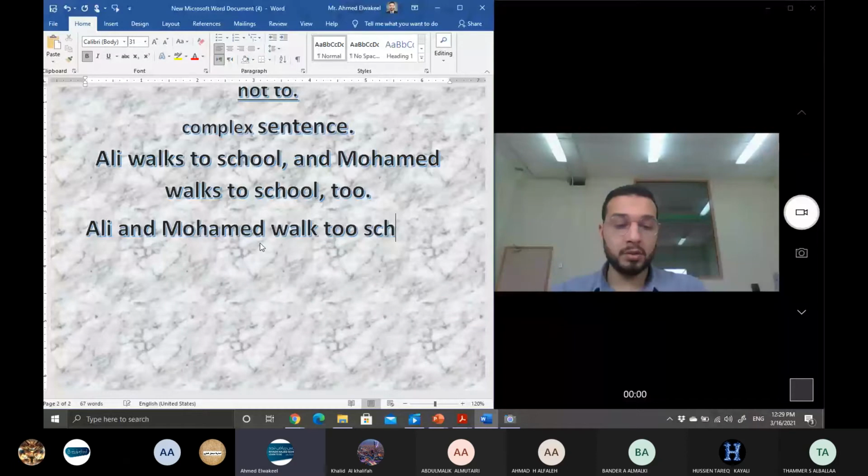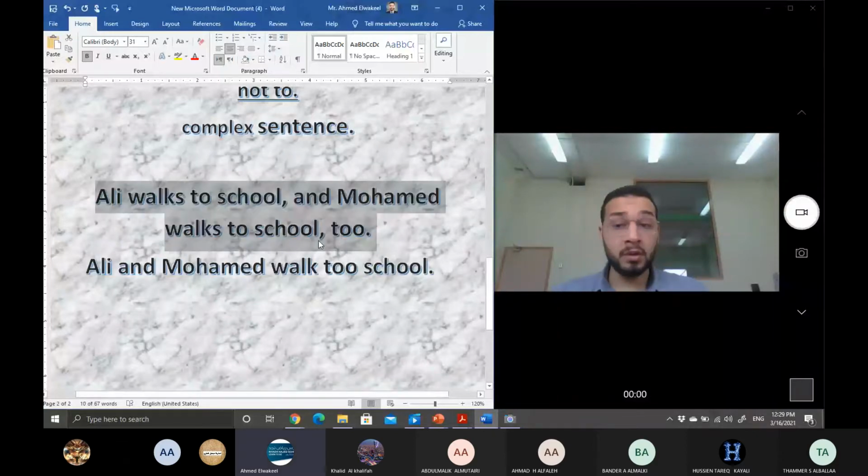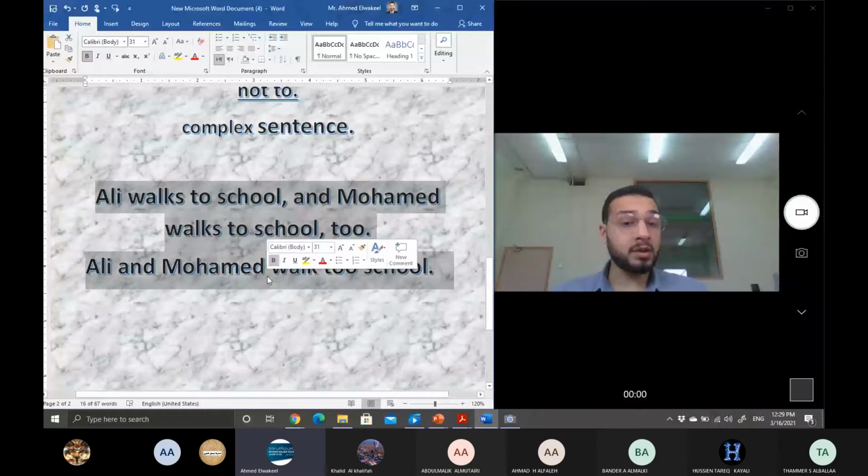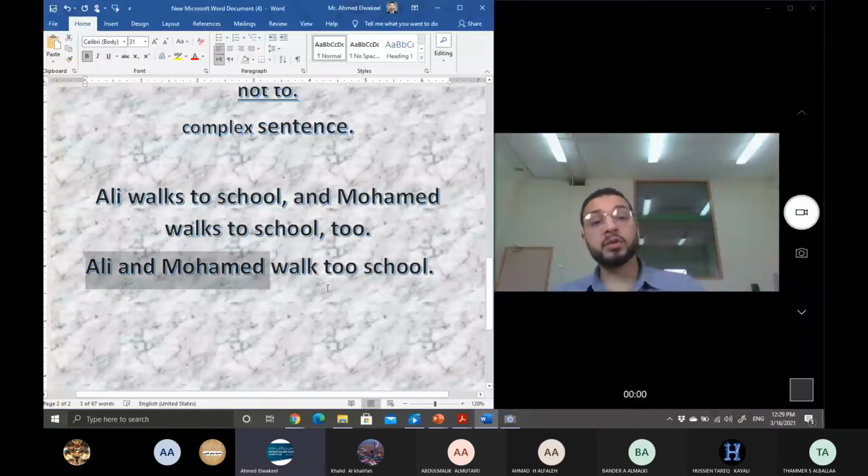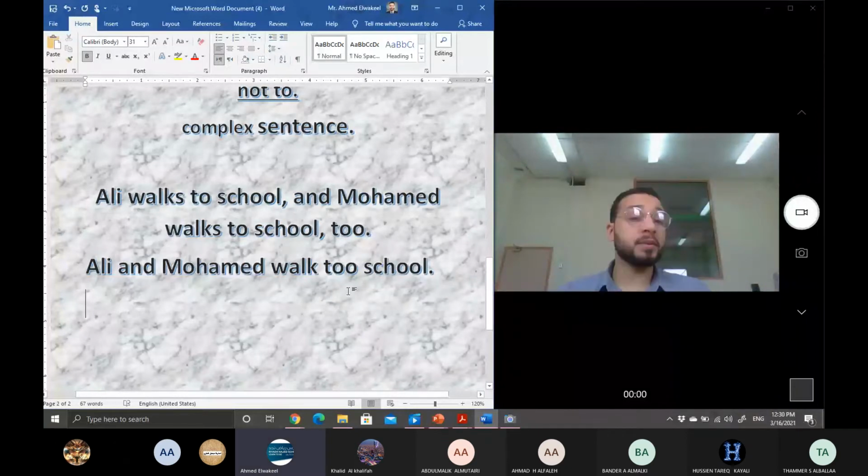So I changed Ali walks to school and Muhammad walks to school too into just one simple sentence by having a compound subject. In this case, we included more information in the clause while speaking about the prepositional phrases. So let's see some examples here.